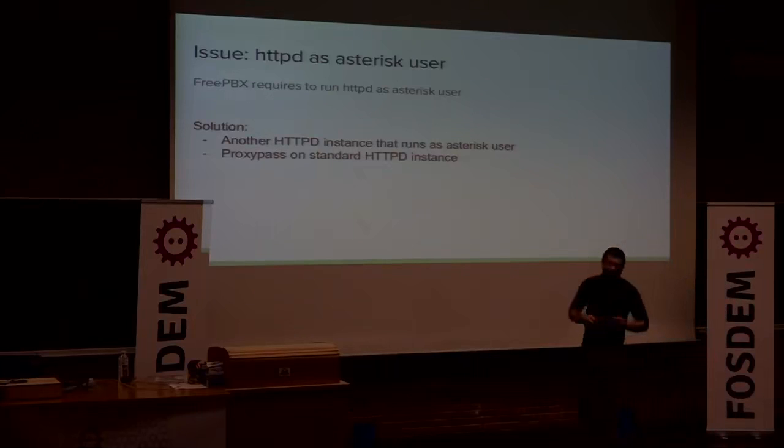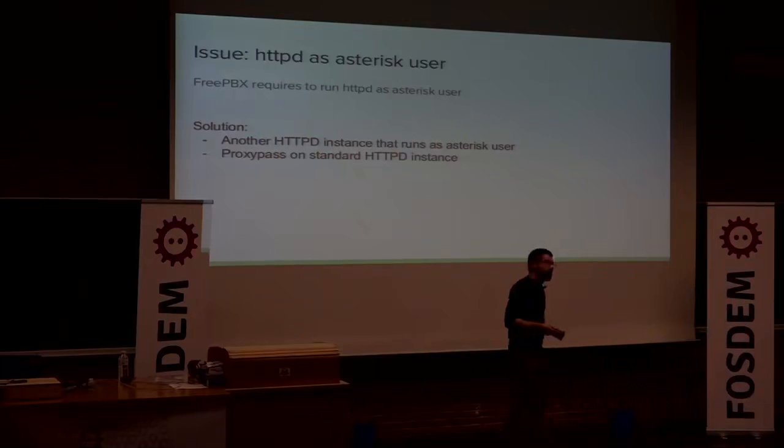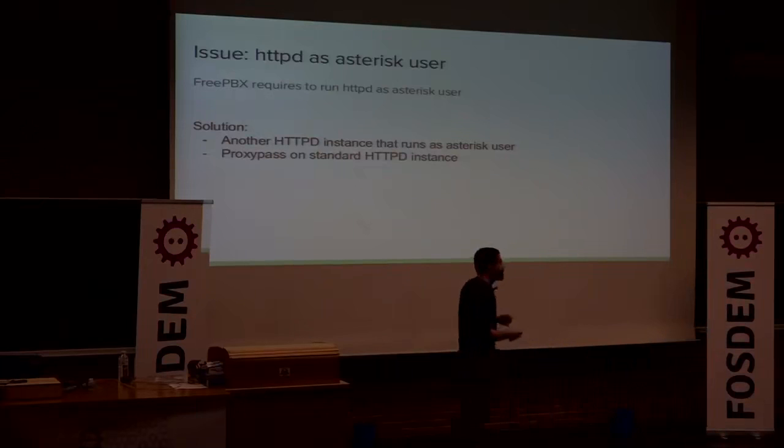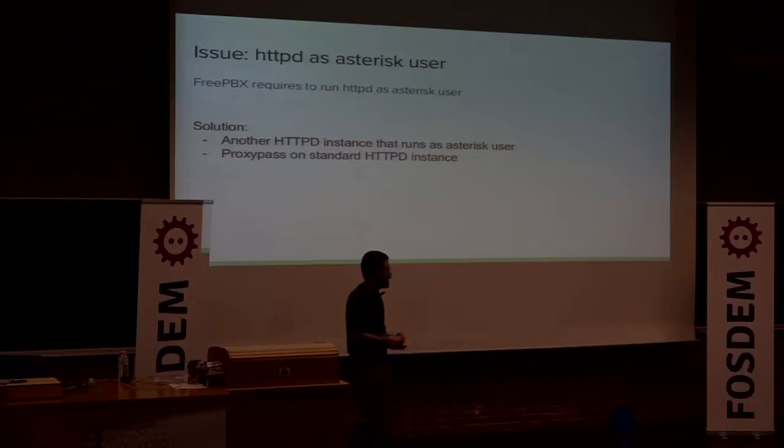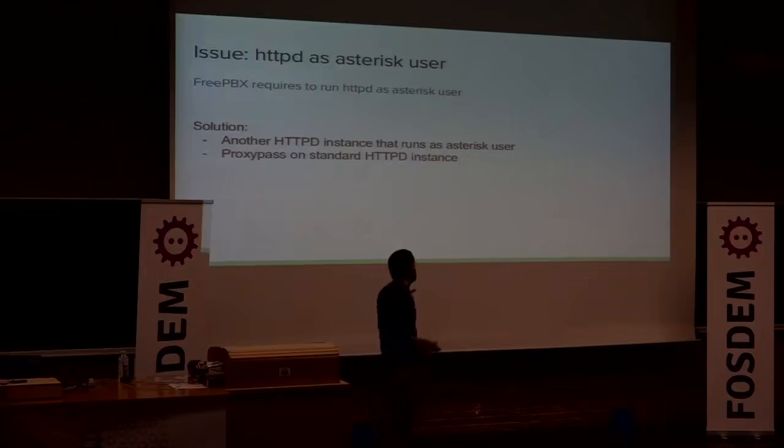The problem is that we need to have two instances of HTTPD, because we don't want the normal instance of HTTPD to run as the asterisk user. So we create another instance by creating another configuration and creating another systemd or whatever service that uses this configuration.